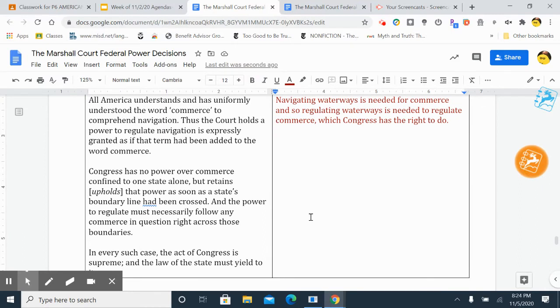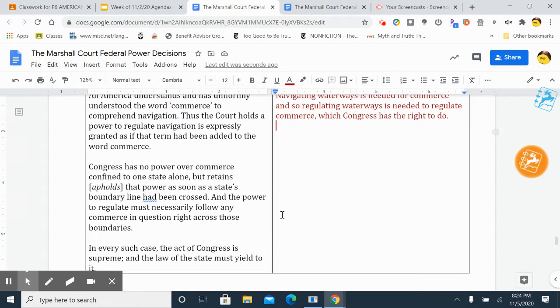Congress has no power over commerce confined to one state alone, but retains that power as soon as the state's boundary lines has been crossed. And the power to regulate must necessarily. So you're going to respond here and here.